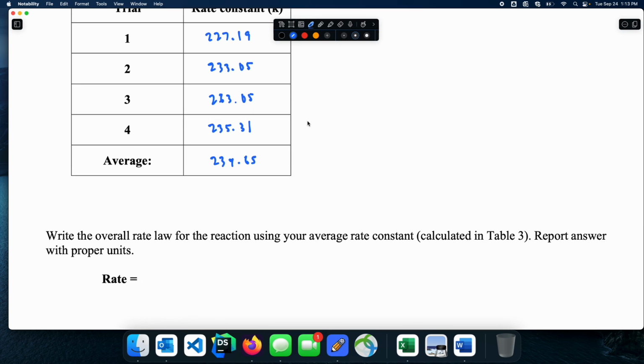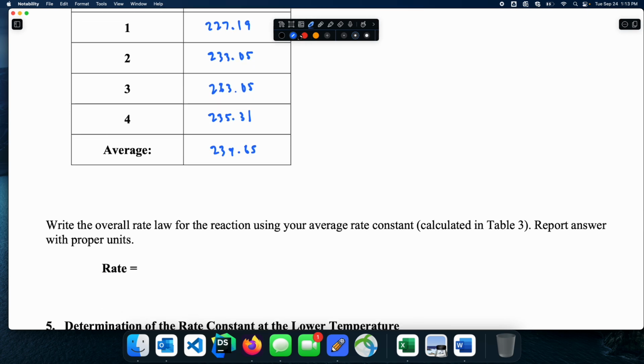Okay, write the overall rate law. Wow, we have the overall rate law now. Watch this. Its rate is equal to 239.65 molar minus 2, seconds minus 1, times the concentration of the first thing, which is potassium iodate.